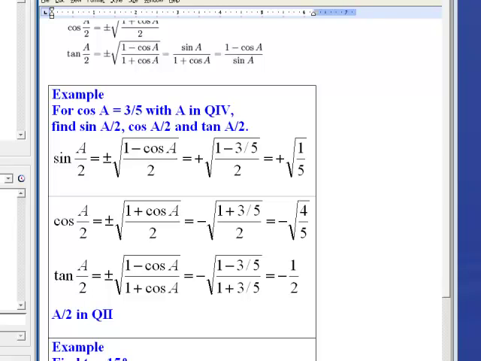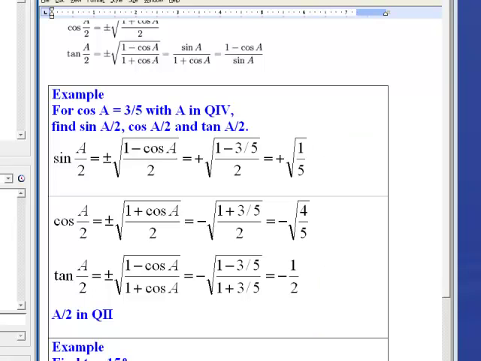That means that that A is 30 degrees. 30 over 2 is 15. So actually here what we have is 30 degrees. So that's what I'll be plugging in right there. 30.